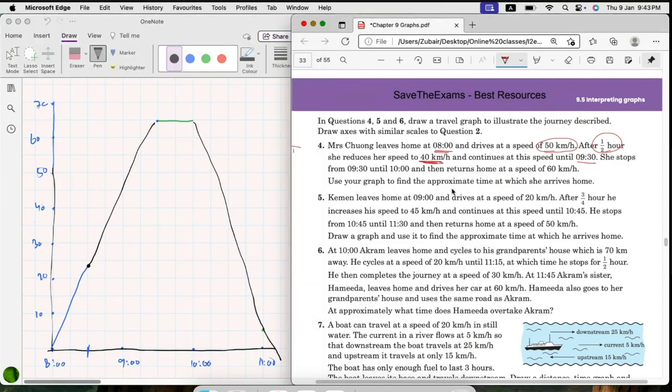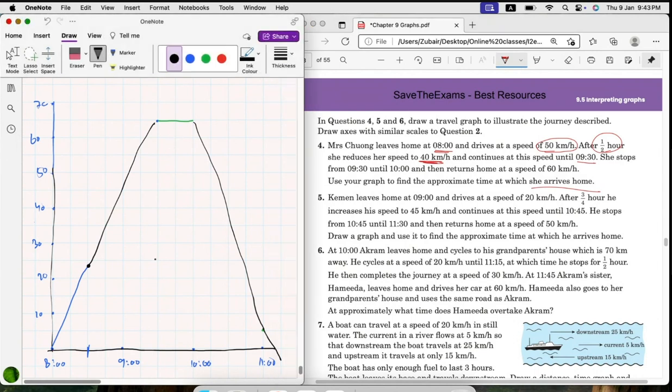And the question asks for the approximate time at which she arrives. We can definitely calculate that as well, because she's covering 60 kilometers in 1 hour.